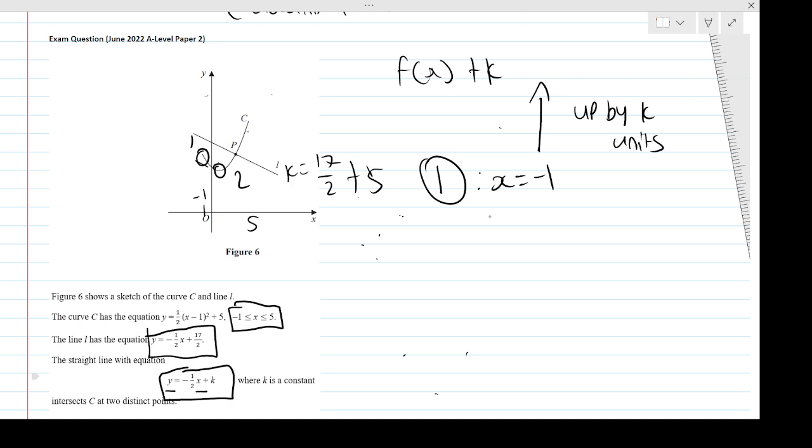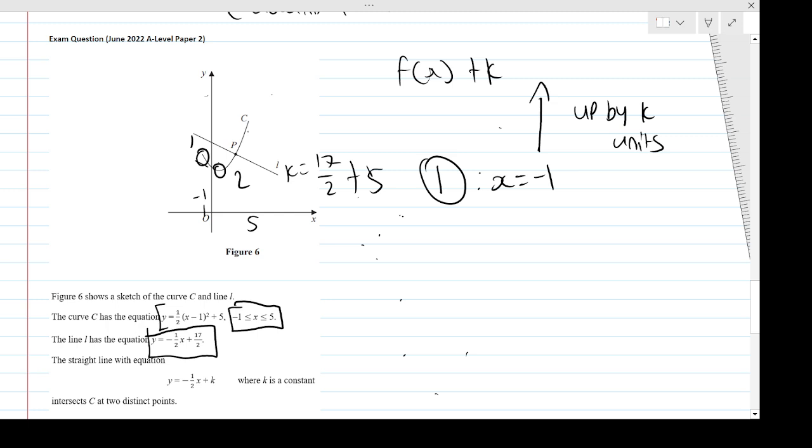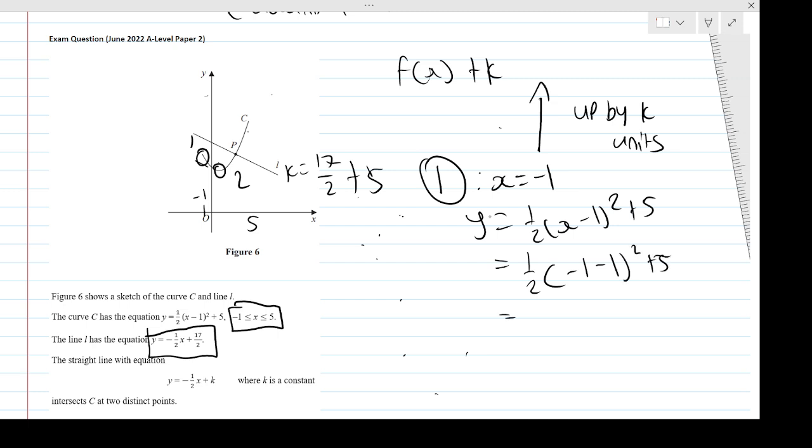But the problem is we need the y value as well. But we can work that out because we're given the equation of the curve. So at x equals minus 1, y is a half of x minus 1, all squared, plus 5. Then that becomes a half of minus 1 minus 1, squared, plus 5. So then that would be a half of, well, you can put that in a calculator if you wanted to.